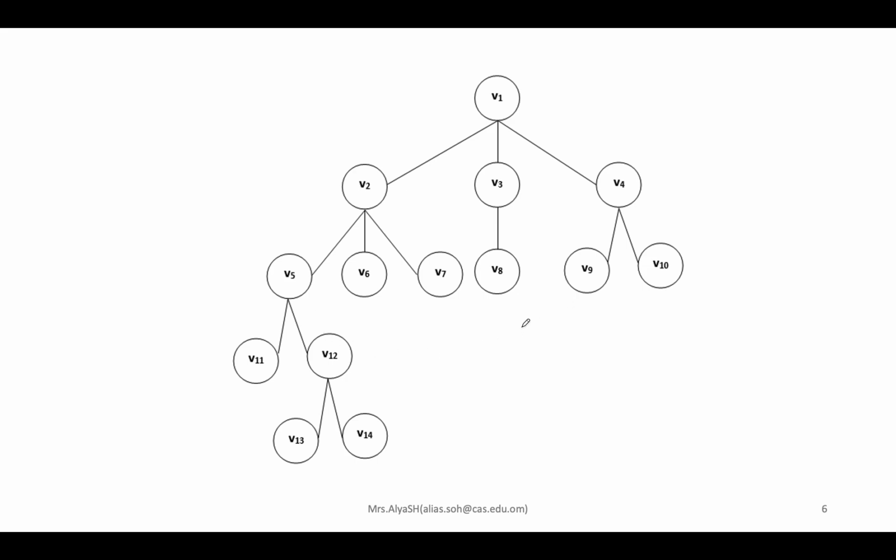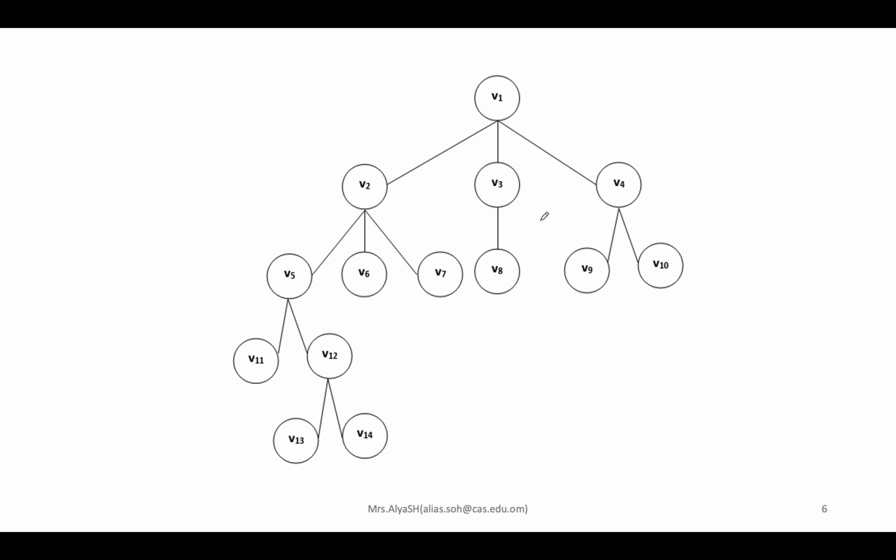We cannot see any loop. Is this graph connected? Yes, it is, because I don't have here any isolated vertex. All right, there is any cycle? No, there's no cycle. So we can consider this a tree, but if we want to make sure, let's calculate the number of edges.